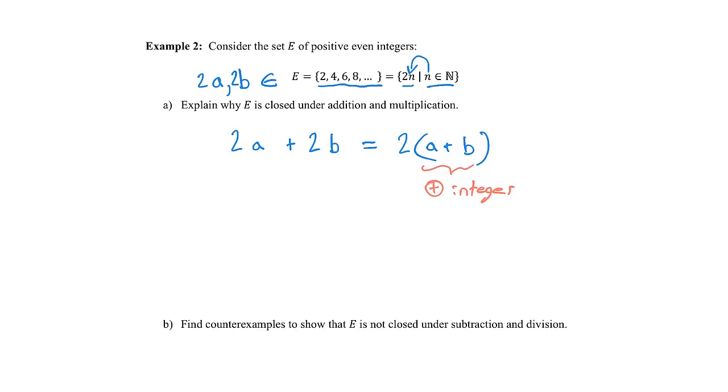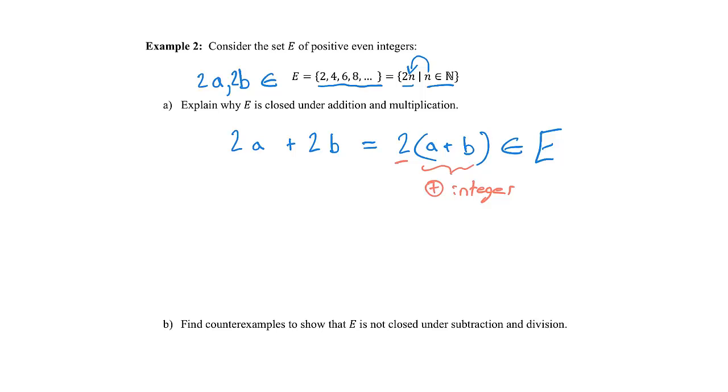Then when we take that natural number and we multiply by 2, we guarantee that it's even. So we can convince ourselves that, yes, this is an element of our set, capital E. And it doesn't matter what the a and b is, we always end up in that set.